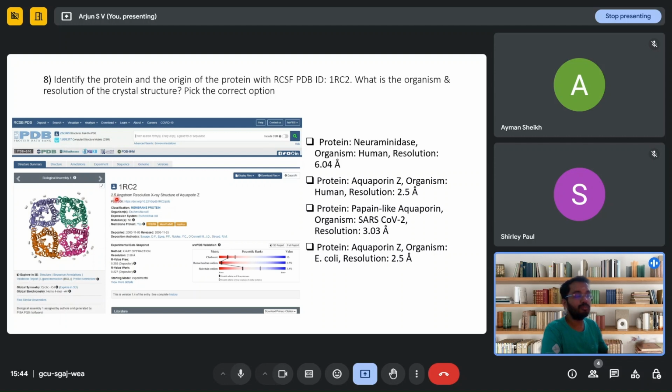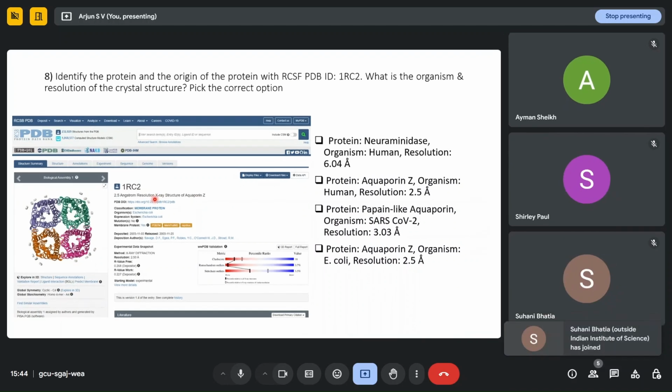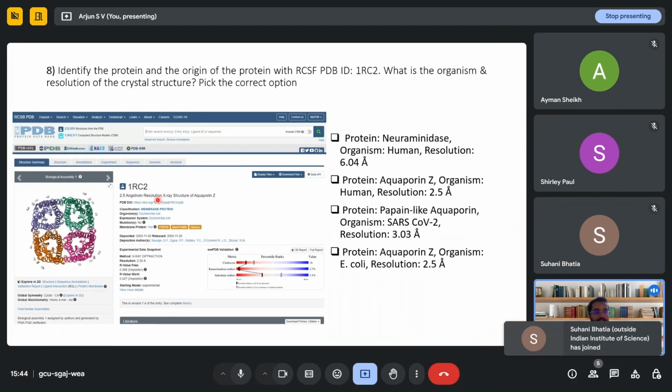So, 2.5 angstrom resolution X-ray structure of aquaporin Z. Aquaporin Z is a protein, and they have used the X-ray diffraction method and, using this resolution, have got this structure. They are asking what is the organism and resolution of the crystal structure.